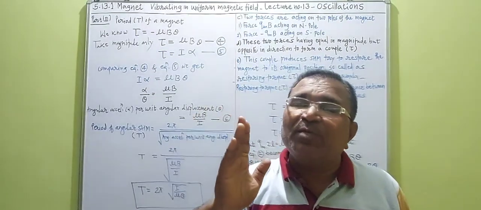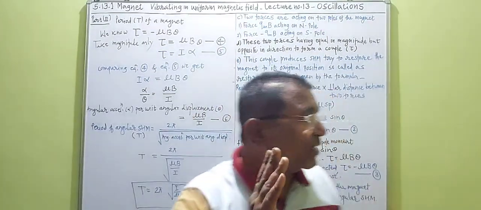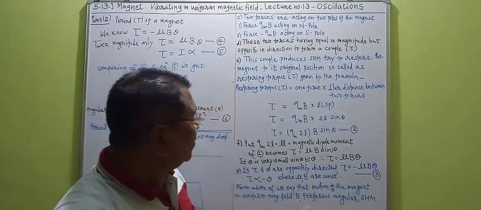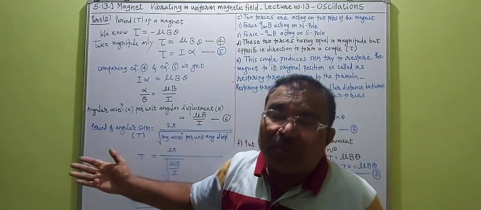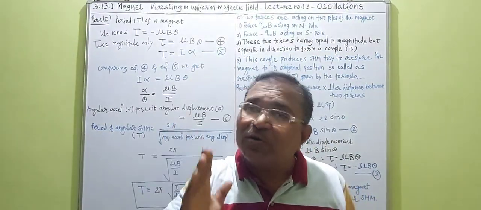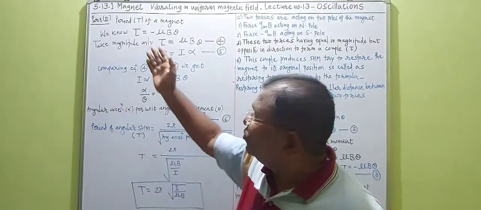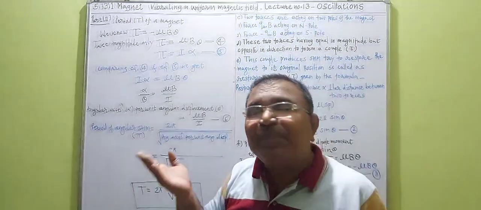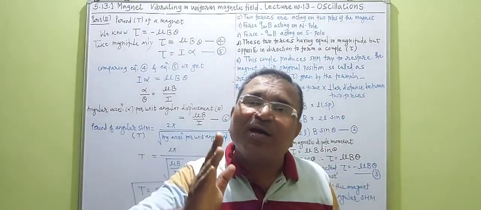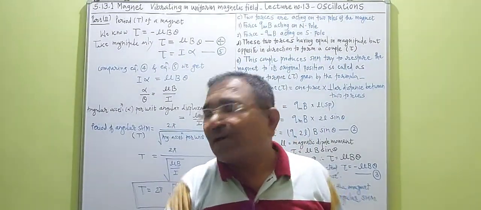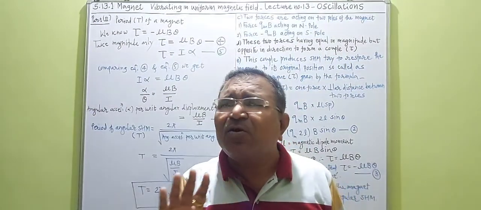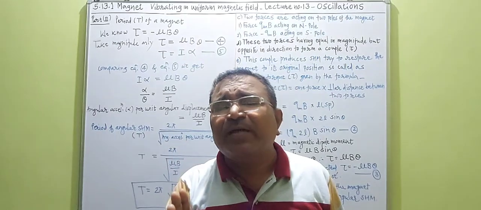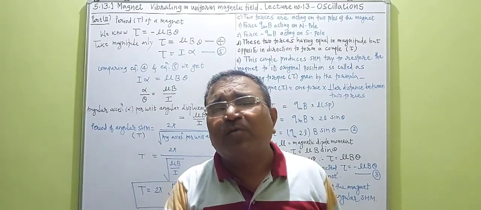When the motion of the magnet performs angular SHM, we come up to this; it is not necessary to derive the period. But if we obtain the formula of the period, then we should come up to this: capital T is equal to 2 pi square root of capital I upon mu B. This is all about the period of a magnet vibrating in uniform magnetic field.